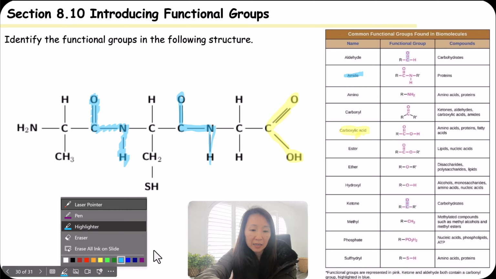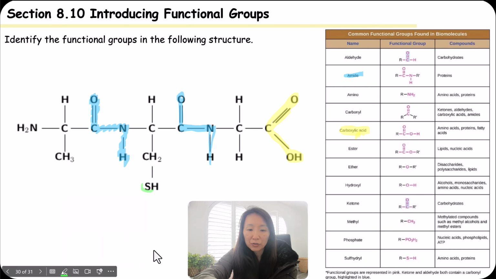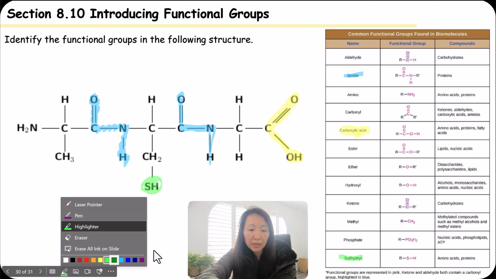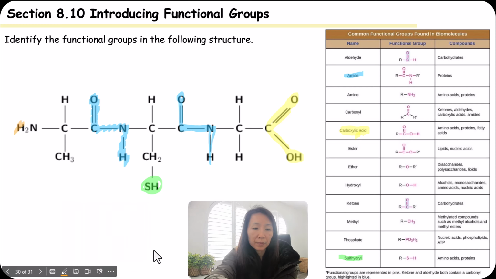And I see a sulfhydryl. That's my sulfhydryl right there. I also see an amine group right here. And that's an amino group.